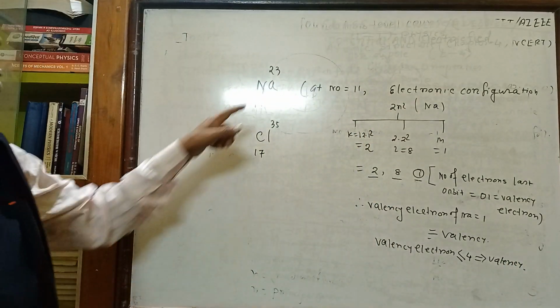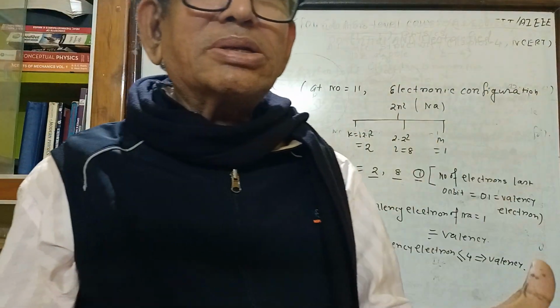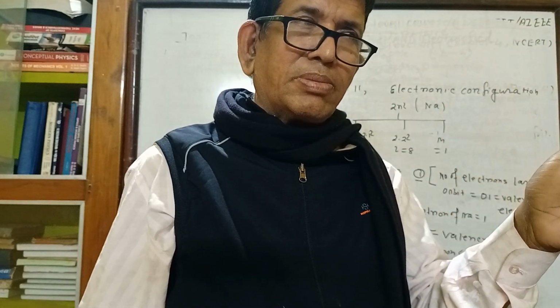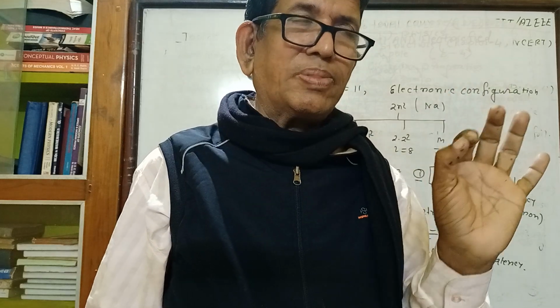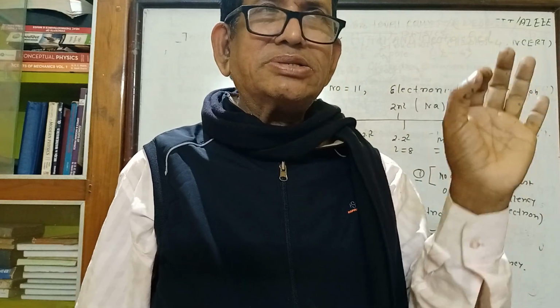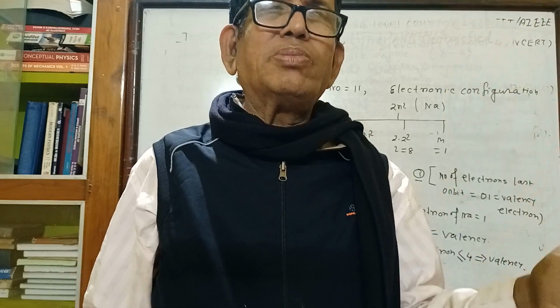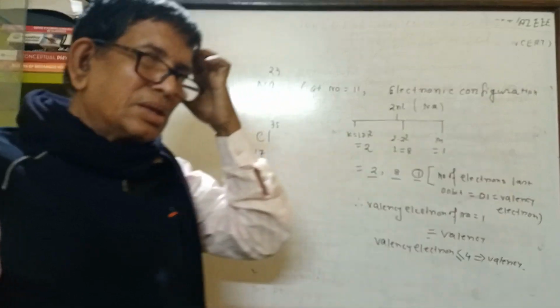Again, consider sodium. Generally, fewer valence electrons means the atom has metallic character. If the valence electrons are 1, 2, 3, that means the atom has maximum metallic character.